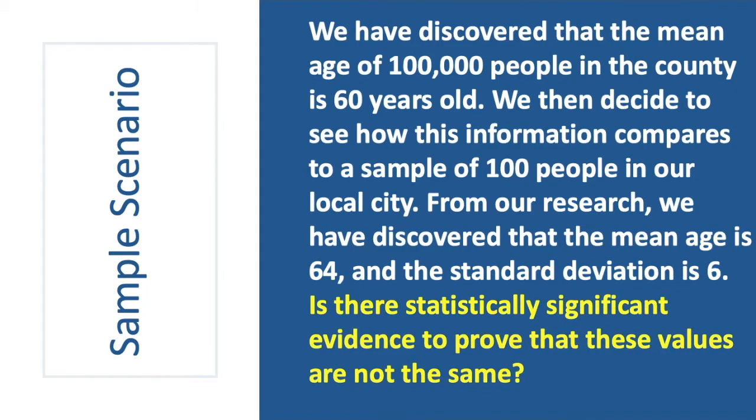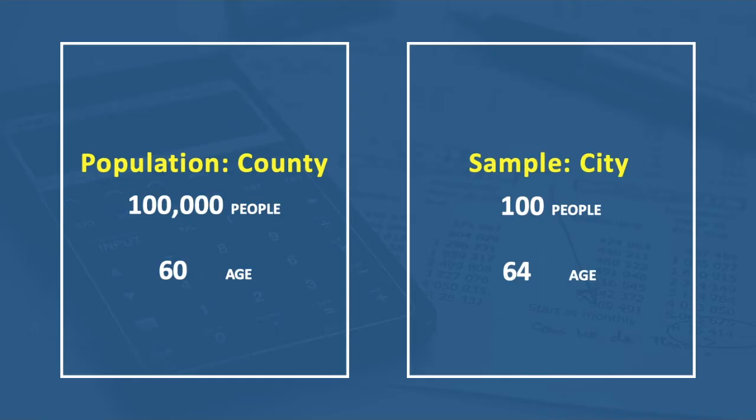Is there statistically significant evidence to prove that these values are not the same? What we're saying through all of this is, is there a difference between 60 years of age and 64 years of age? If I were to ask you now, is there much of a difference between these values? You may say yes, and you may say no.